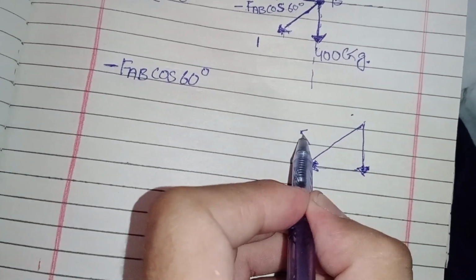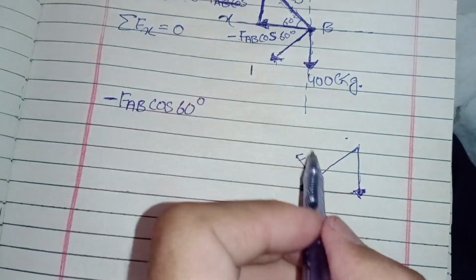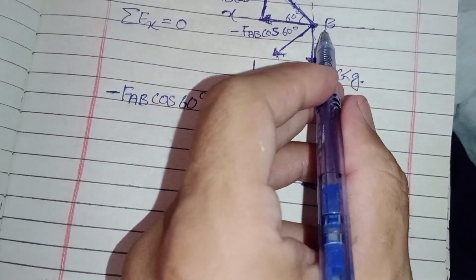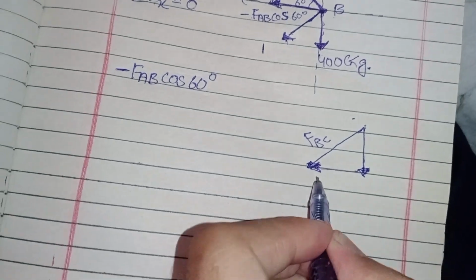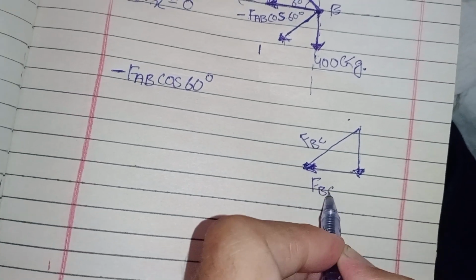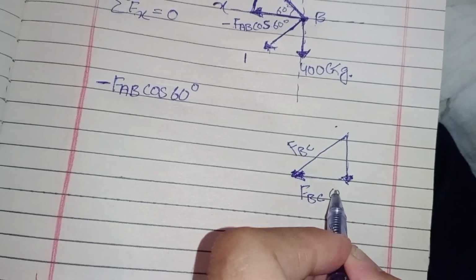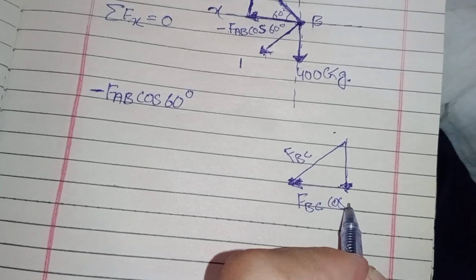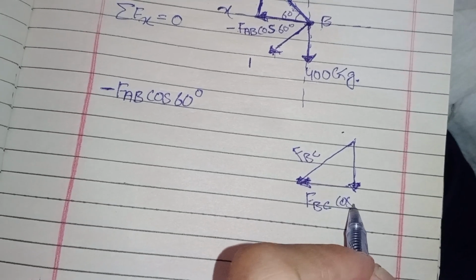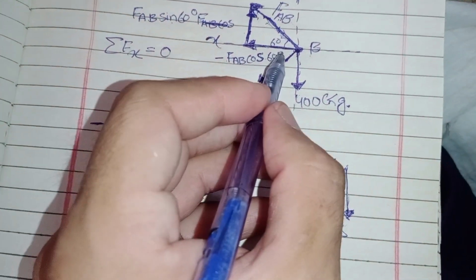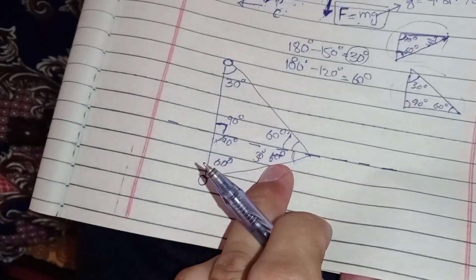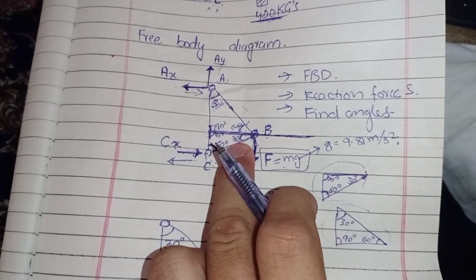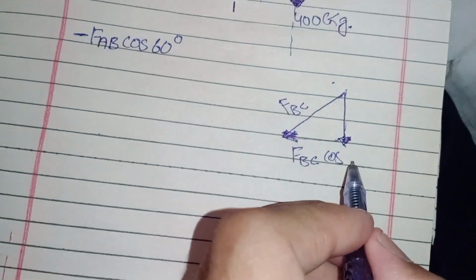So F of BC, F of BC cos, okay, F of BC cos this angle. What will be that angle? That angle is 30 degree. You will see that 30 degree, cos 30.